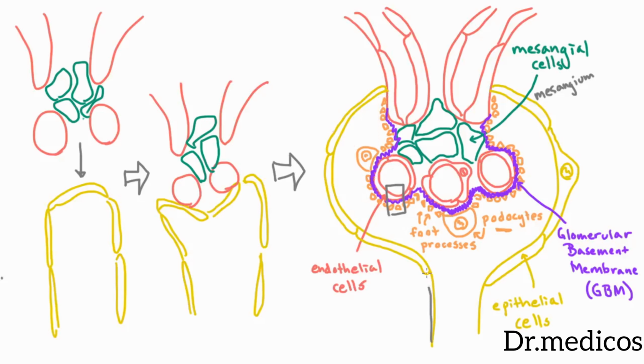And so hopefully that helps you understand how this layer is continuous and how these podocytes cover every aspect of this capillary tuft, including the mesangium. So as you can see, the podocytes also line the mesangium that's exposed, not just the capillaries that are exposed.